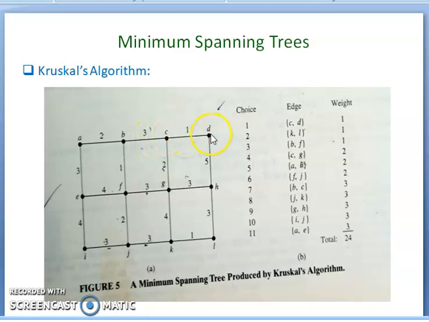CD is chosen, this one is chosen, this one is chosen. If you consider this BC, there is no circuit. And if you also consider this one, again it forms a circuit. So that's why you don't consider this FG.